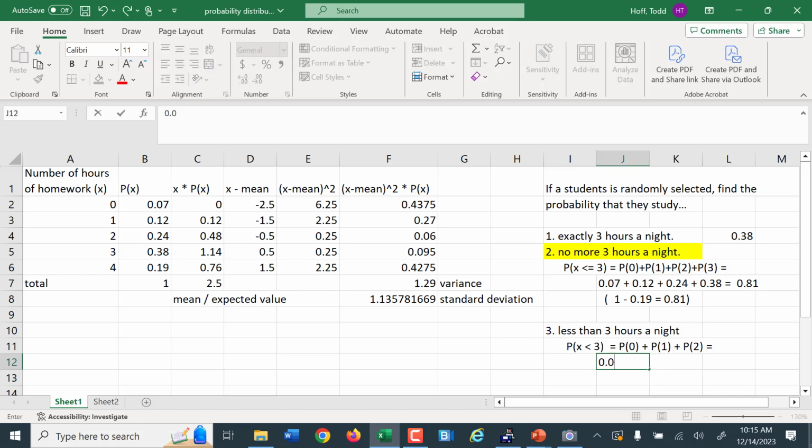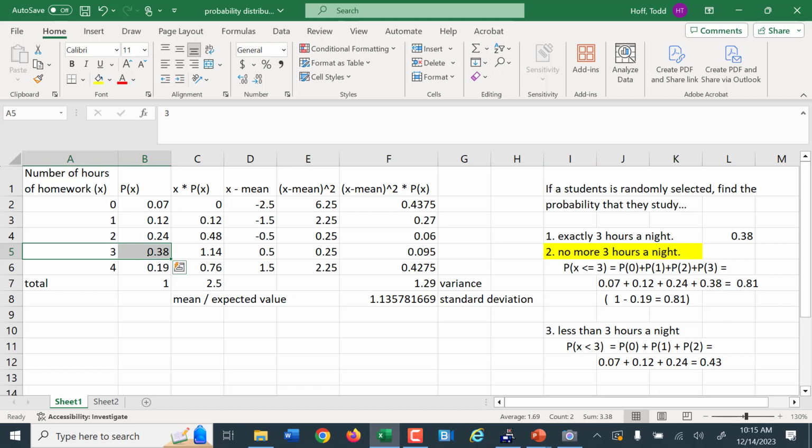So it's just going to be 0.07 plus 0.12 plus 0.24, which is going to give us 0.43. Quite a different probability. The difference is the 3 is not included. That 0.38 probability isn't in there. So being no more than 3 is a significantly different question than saying less than 3. And so you need to be able to keep that wording straight.